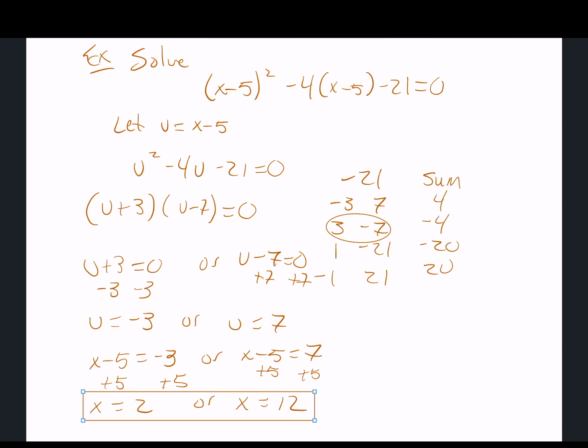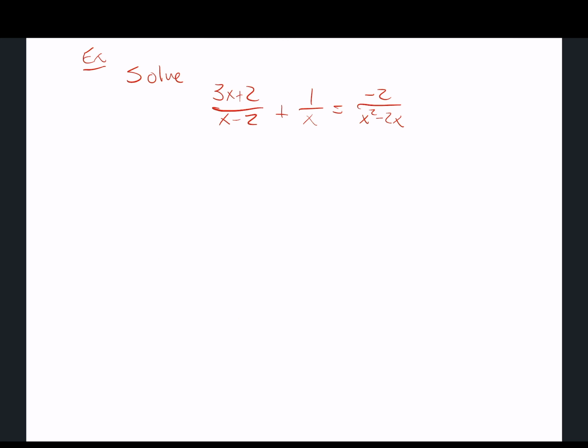at your own leisure. Let's do one more example, which is solving a rational equation that leads to a quadratic. In this example, we want to solve 3x plus 2 over x minus 2 plus 1 over x is equal to negative 2 over x squared minus 2x.